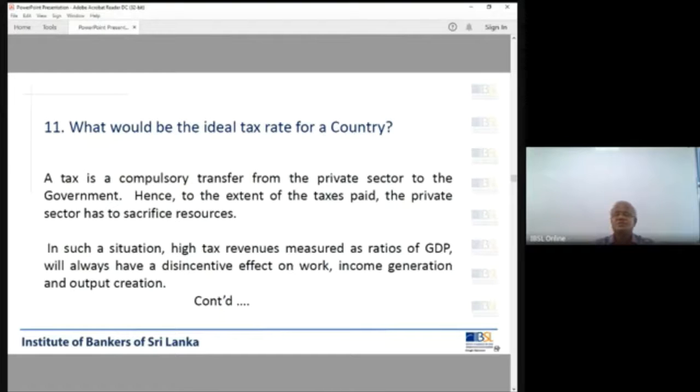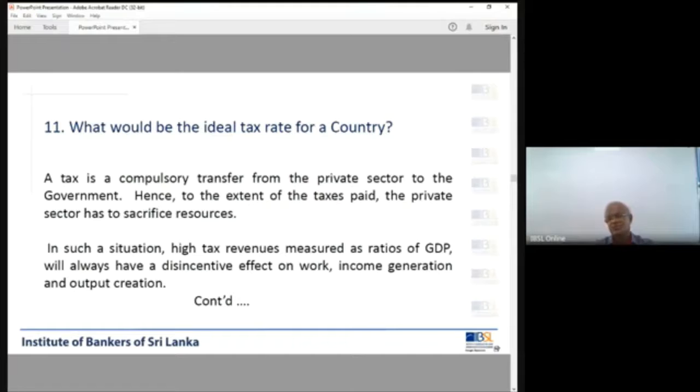Income 50,000, you pay 1,000 to the government. 1,000 rupees worth of purchasing power has been surrendered to the government. That is a tax. Compulsory transfer of purchasing power.